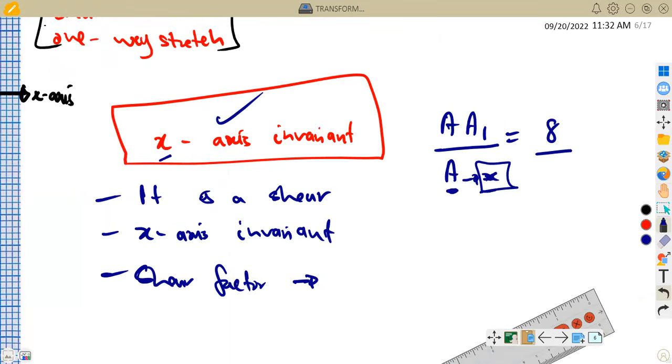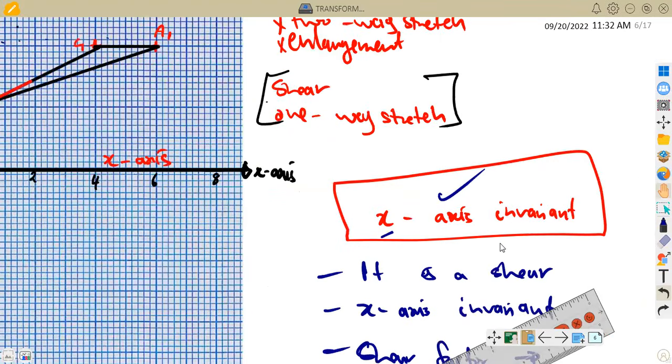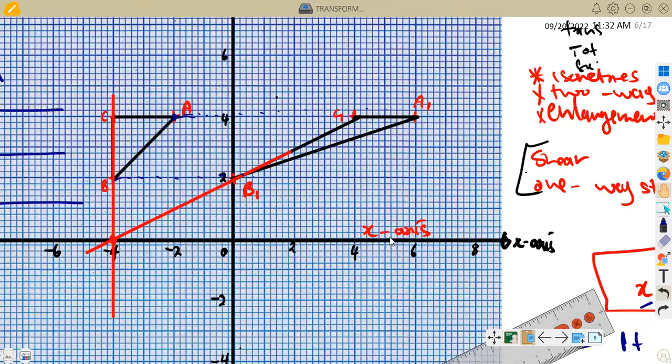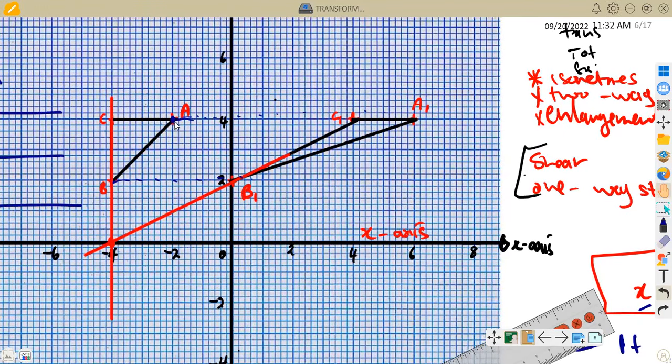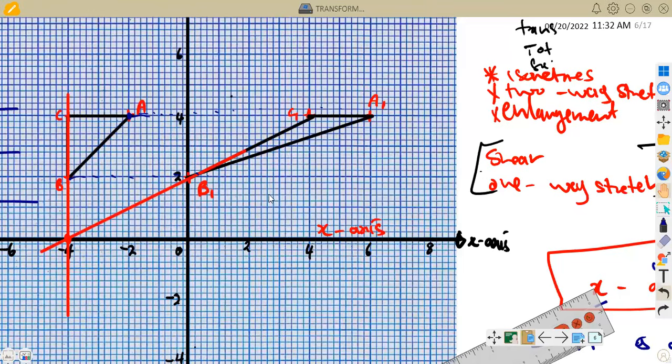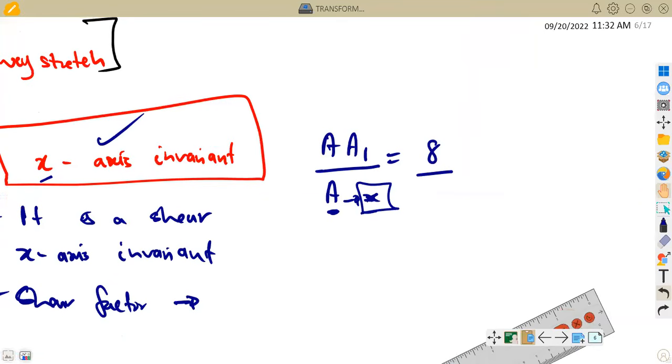So let us start from the x-axis invariant to point A. This is your x-axis, you are moving straight to the point A. How many units from the x-axis? You're going to move 4. As you can see, it's 4 units to point A. So it's going to be over 4. That means we have 8 over 4, which is 2.